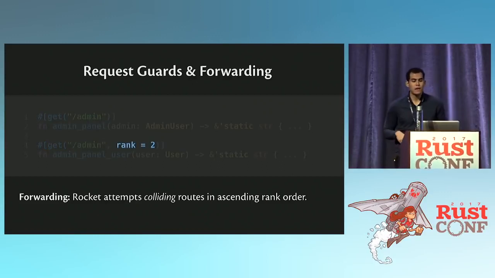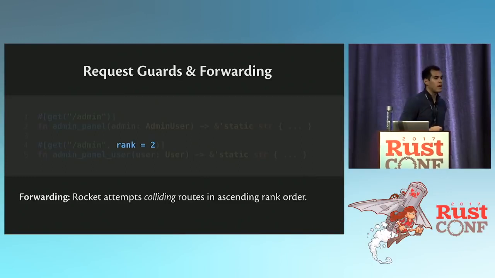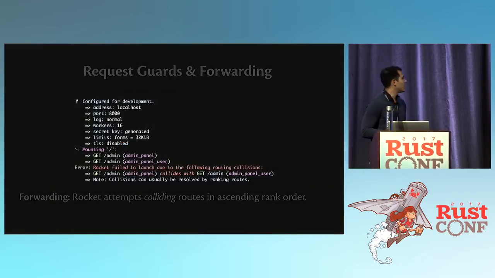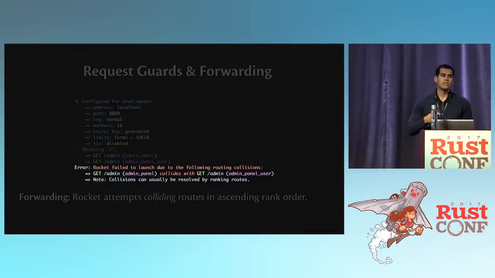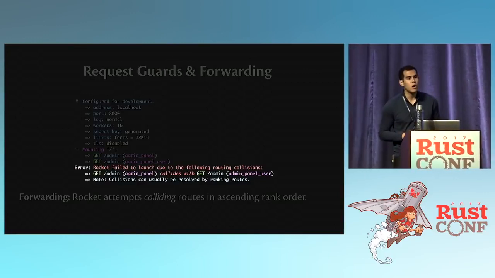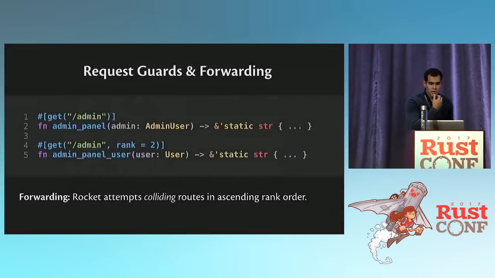We can add rank equals 2 to our routes. That means when there's a collision, try the route with the lowest rank, and then try the one with the next highest rank, and so on and so forth. And like I said, if you do this wrong, Rocket will give you, ideally, a very helpful error. Here it is: Rocket failed to launch because there are collisions. These two routes collide. Please fix them. Oh, by the way, did you know about ranking? That sometimes fixes this.